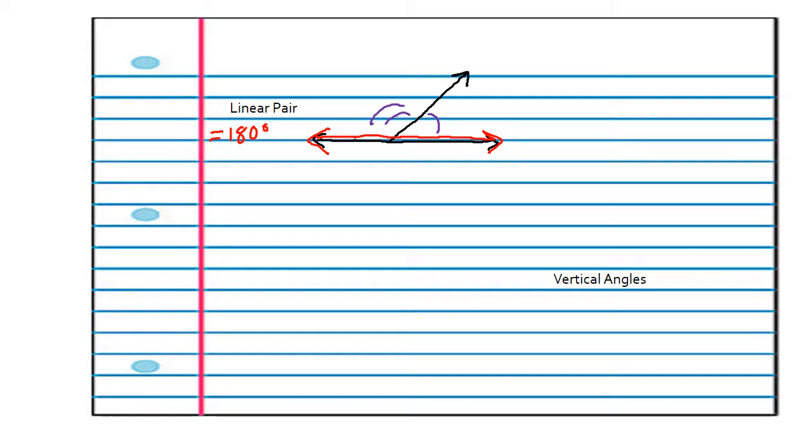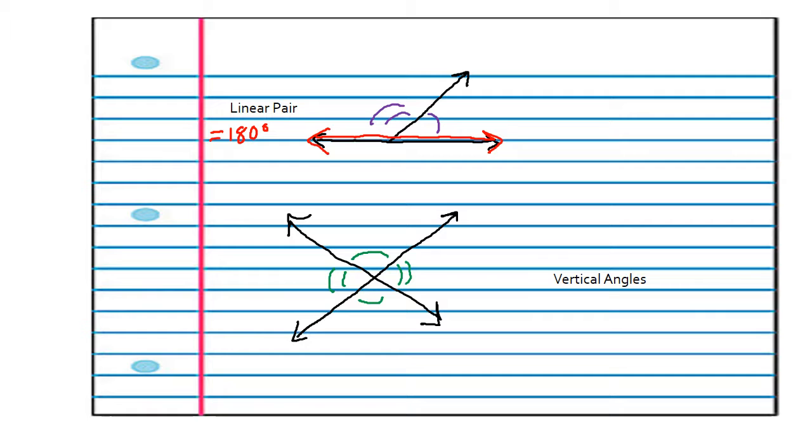Vertical angles are when you have two intersecting lines. And again, when we talk angles, we're talking about the space in between them, not how long the line is, but how far it is from ray to ray. Vertical angles are always congruent, the guys opposite each other.